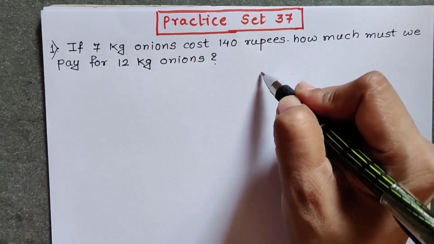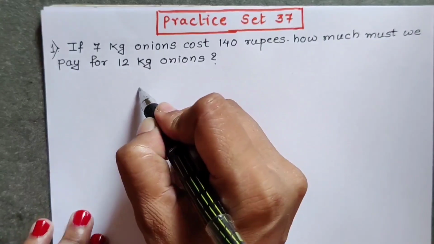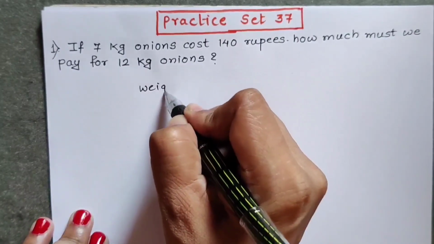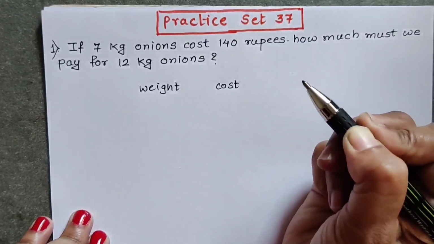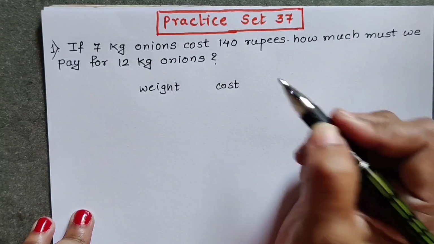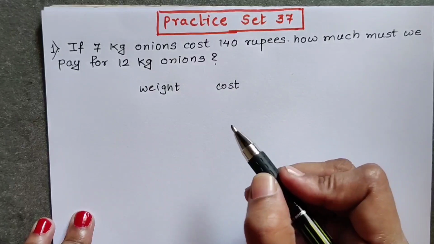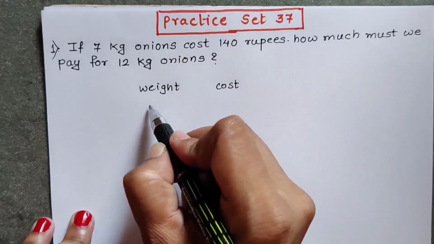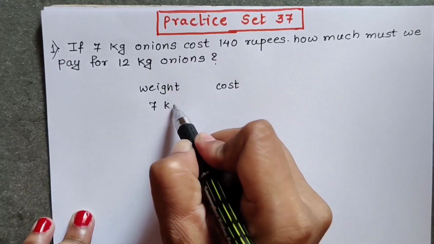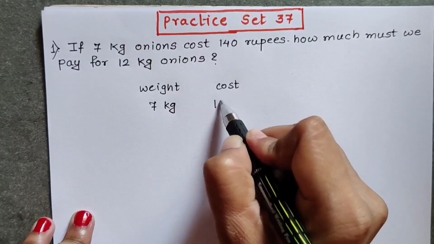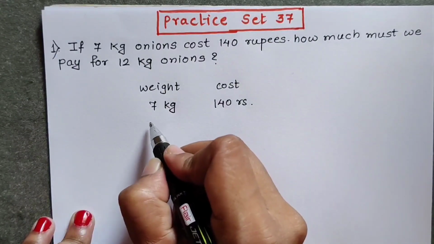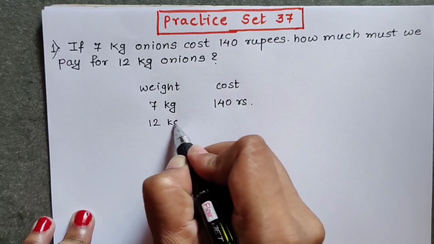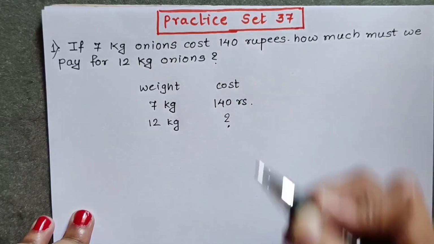I write here weight and cost of onions. Now we have to check what type of proportion there is between the weight and cost of onions. First, it is given that the weight of onions is 7 kg and its cost is 140 rupees. And when the weight becomes 12 kg, what will be the cost? We have to find out.